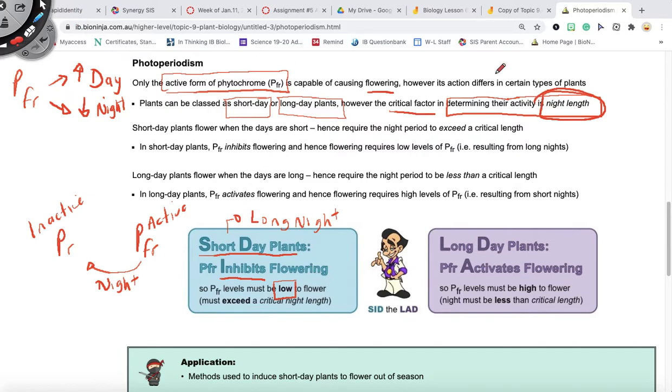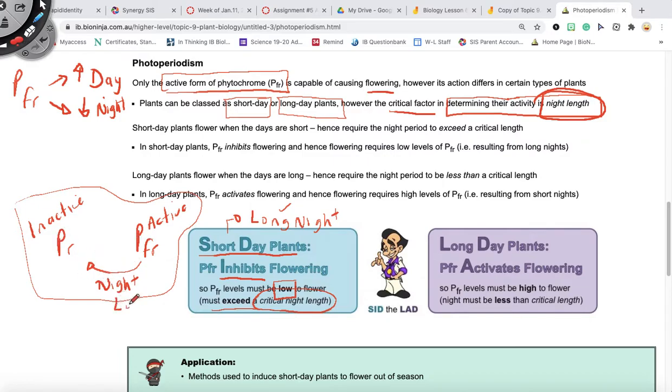I also just finished telling you that the critical night length is the critical factor. In order for this process to actually happen, the night needs to be long, and it's got to have a critical night length to allow this process to occur.